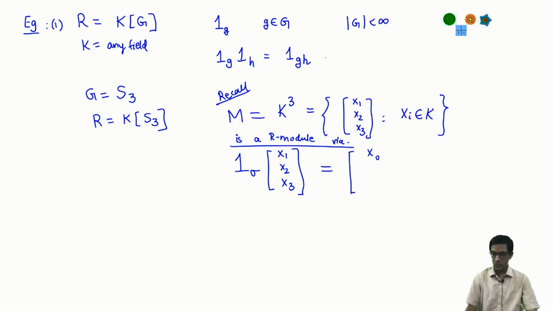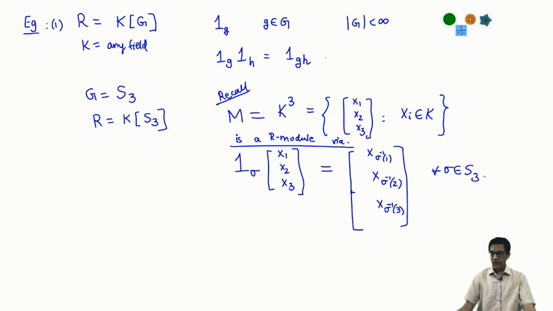It maps it to a permutation of the 3 coordinates, and we had said you need to use sigma inverses there. This is for all sigma in S3. Again, look back on that lecture to recall how this became an R module. It's a left R module.